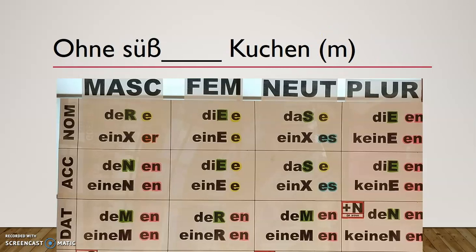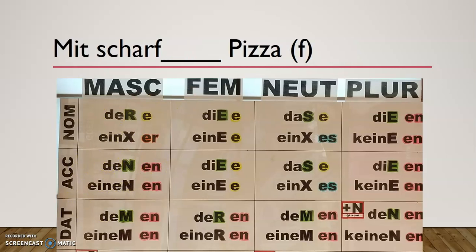Ohne is accusative, so the ending on this will be süßen Kuchen, because that is accusative, masculine, and we're looking at our definite article ending. How about this one? With spicy pizza. Pizza's feminine, but here it's dative because of mit, so we get feminine, dative, we're looking in this box, and we get mit scharfer Pizza.